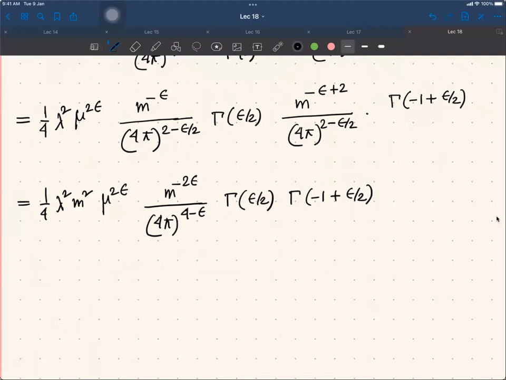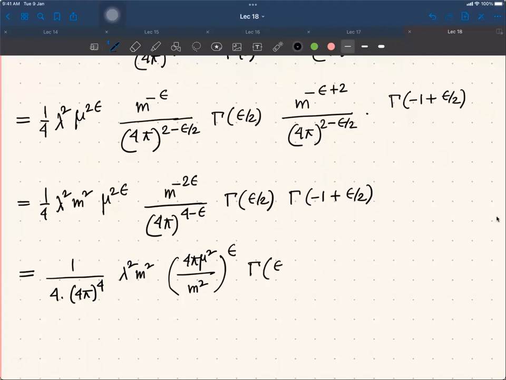This prefactor of these gamma functions can be reorganized to write 4 times 4 pi to the power 4 lambda square m square, 4 pi mu square over m square to the power epsilon, gamma epsilon by 2, gamma minus 1 plus epsilon by 2.